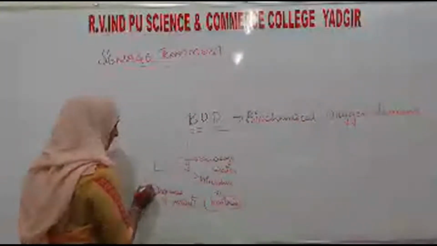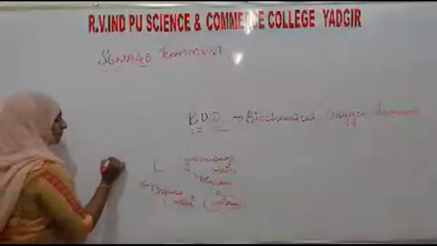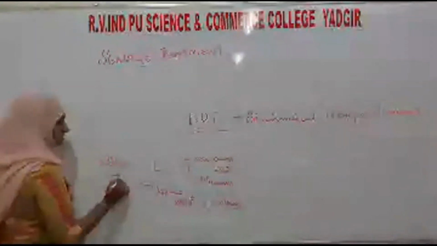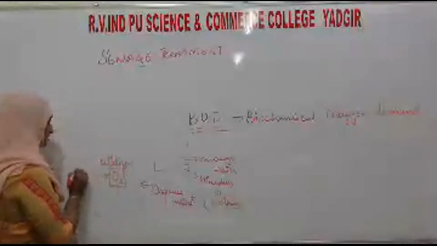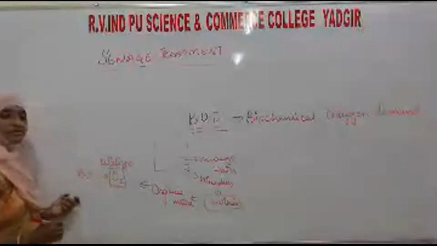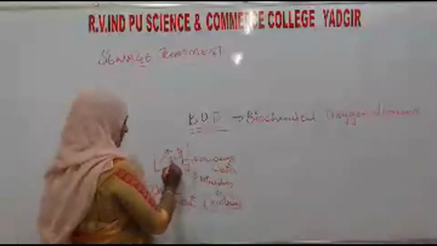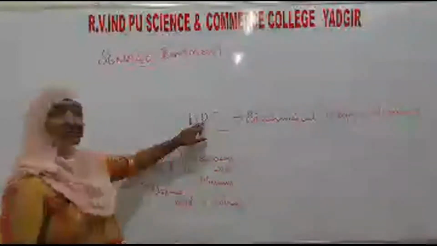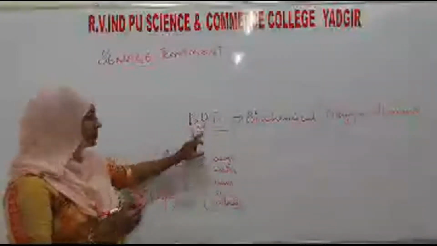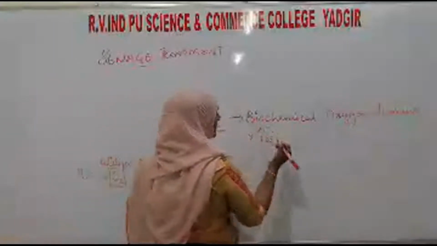To break down this organic matter they utilize the oxygen present in the sewage water. So the oxygen demand is going to increase. The biochemical oxygen demand is going to increase.